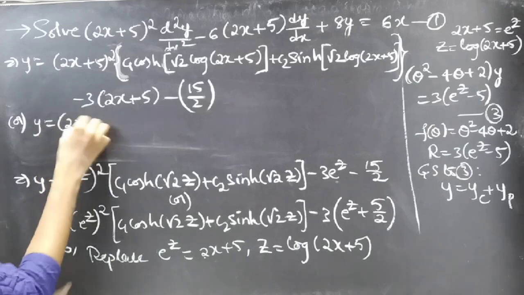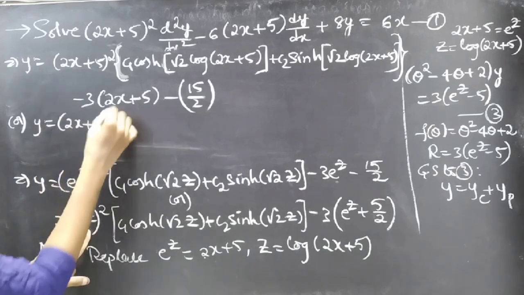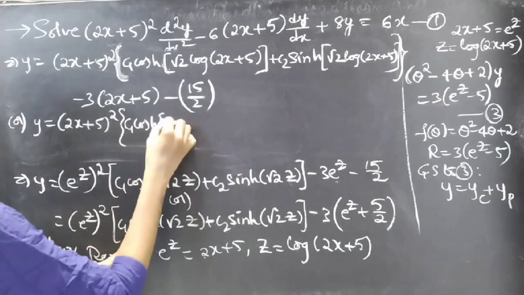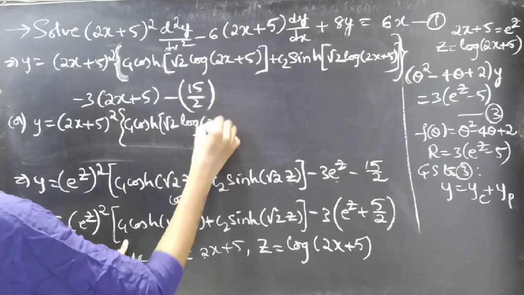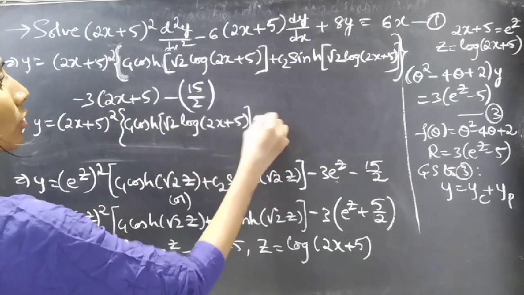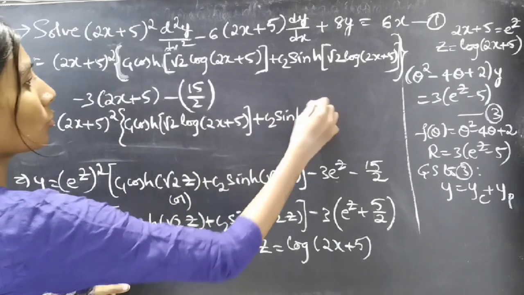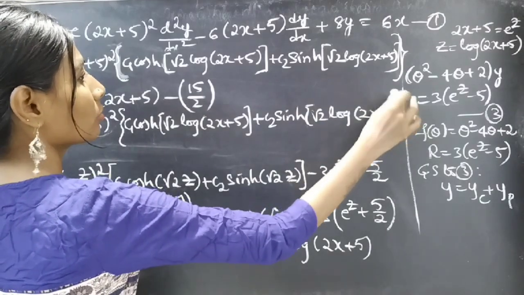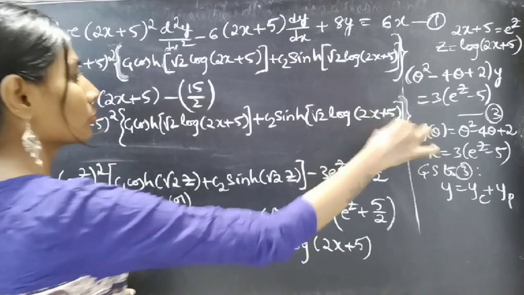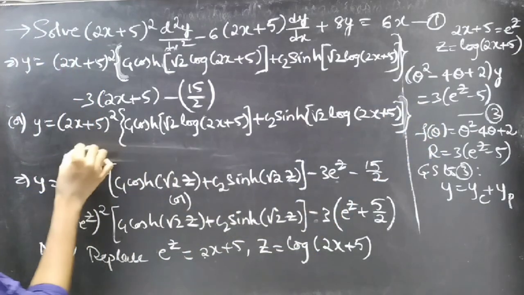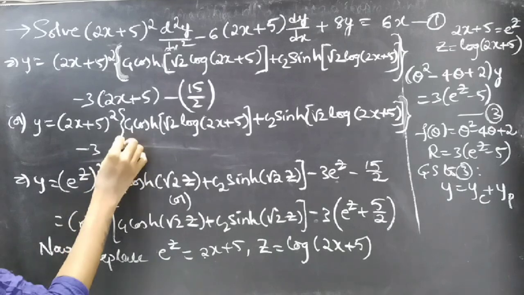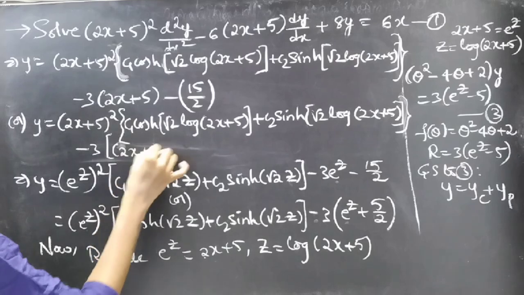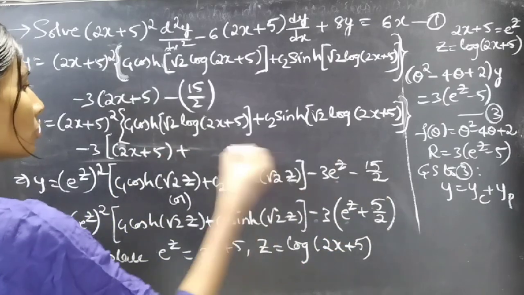Or y equal to 2x plus 5 whole square into c1 cos h root 2 into log of 2x plus 5 plus c2 sin h into root 2 log of 2x plus 5, right, minus 3 into, replace e power z by 2x plus 5 plus 5 by 2.